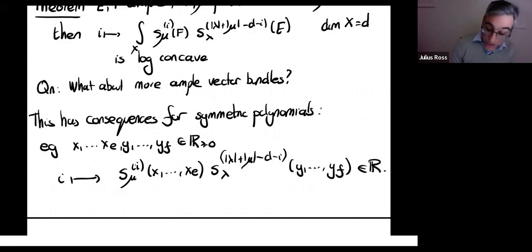In principle, you could work this out: given any partition, you can work out this derived thing. This is some symmetric polynomial in x1 up to xe, and this is again some symmetric polynomial in y1 up to yf. If you're fixing these numbers, then this is a number. And the statement is that this is log concave.